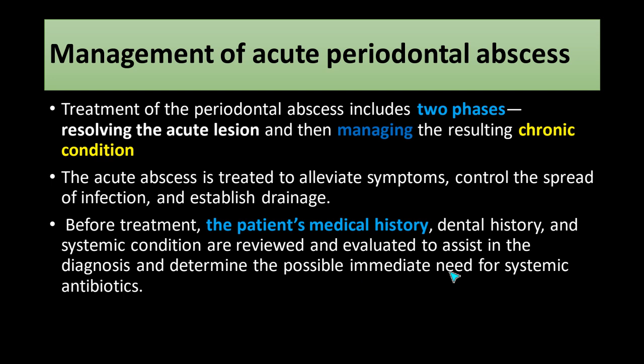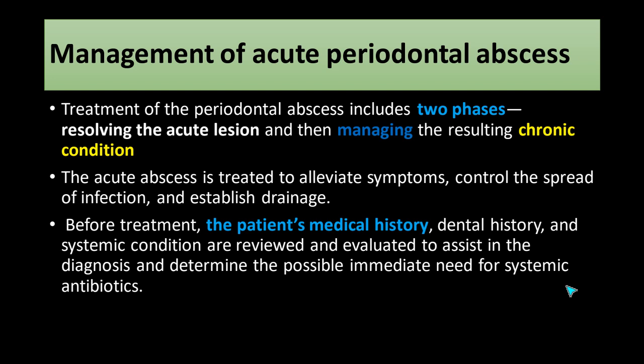This is a very, very important point you need to understand. When the patient tells you the patient has diabetes mellitus, of course, there are high chances that the patient will have multiple periodontal abscesses, which cannot be treated only by incision and maybe require systemic antibiotics.